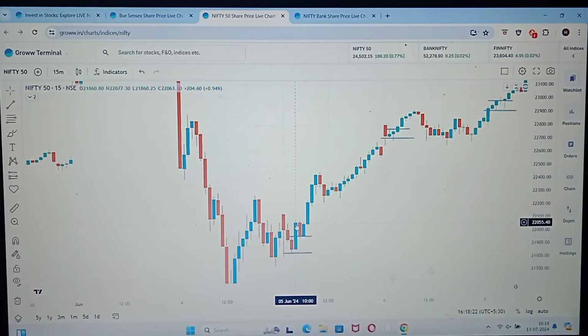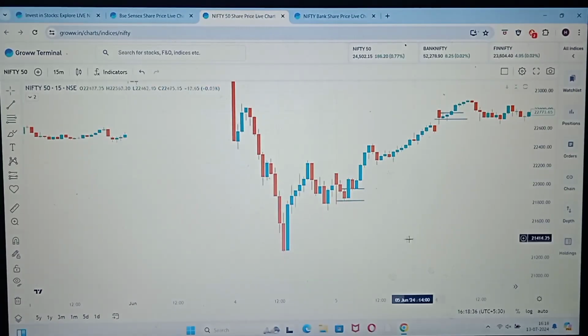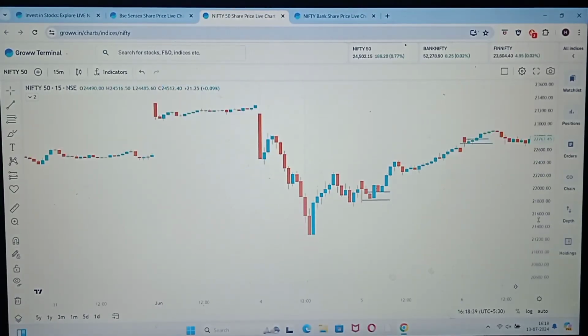We are taking trade easy. 100 points easy, 100 points easy. This 100 points, again at 10:30 we got a trade around 22,000, which gave us 300 points.